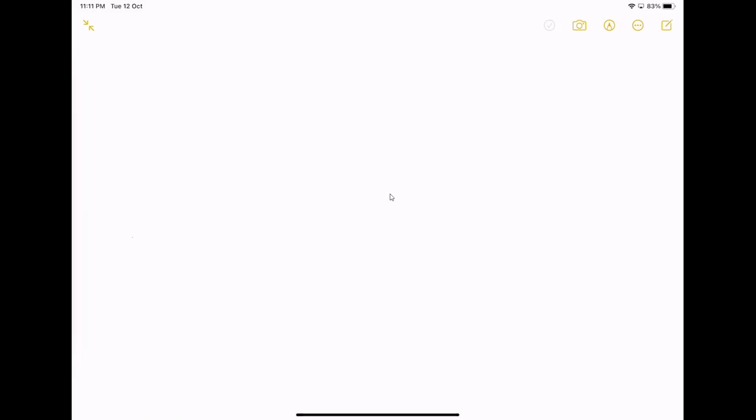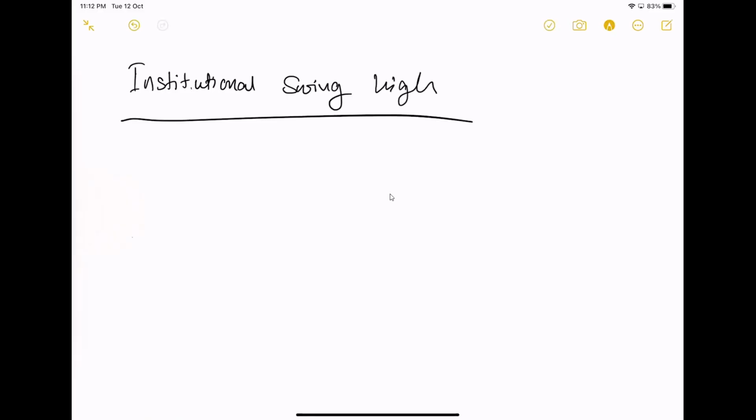An institutional swing point looks like this. You have a swing high, we have 1, 2, 3. This is how the bars should look.